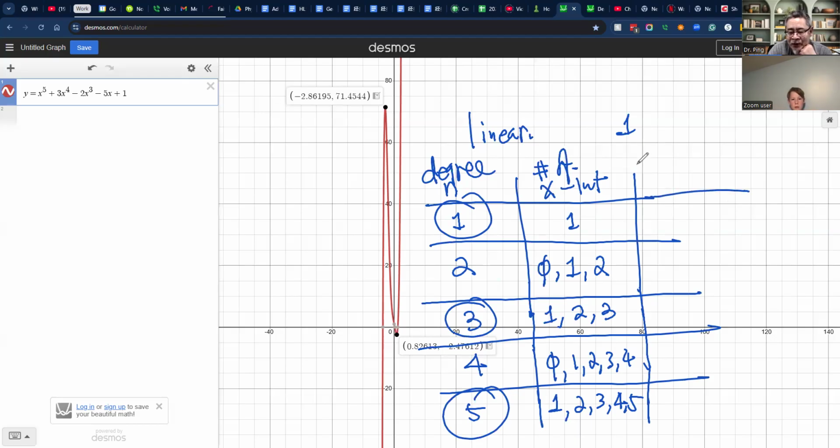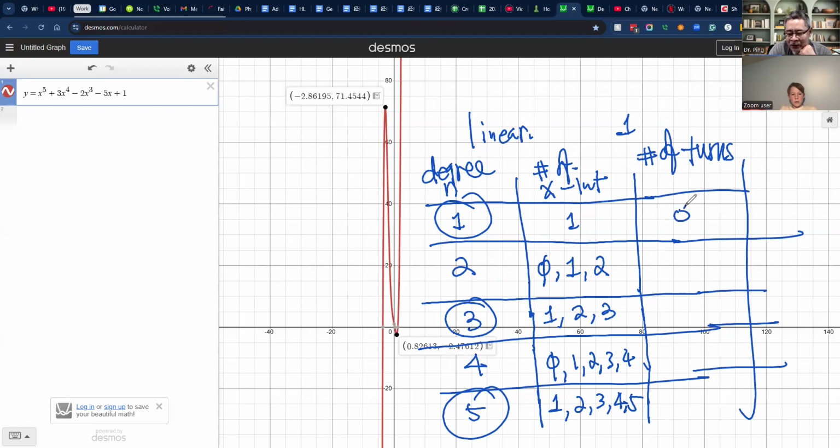And also the number of turns. In this case, if it's linear, we don't have turns. If it's quadratic, we get 1 turn.